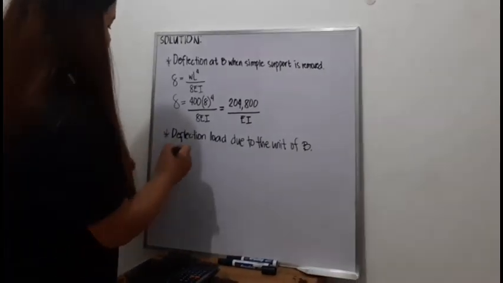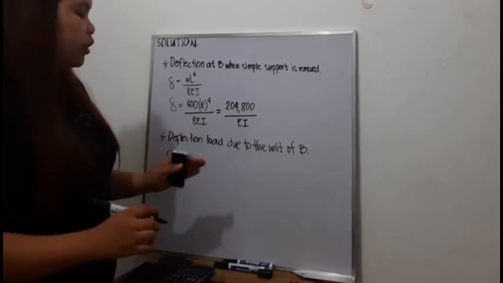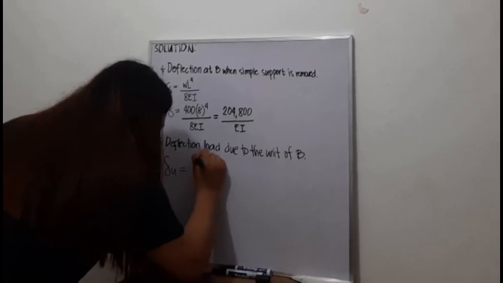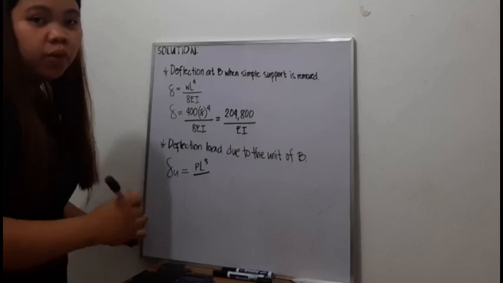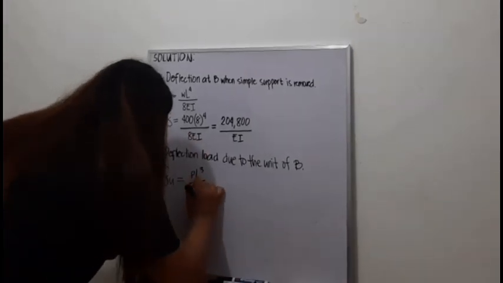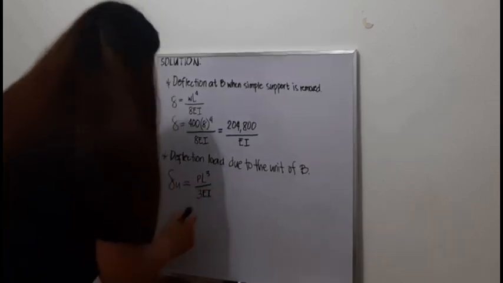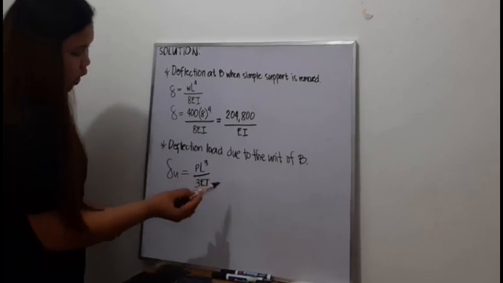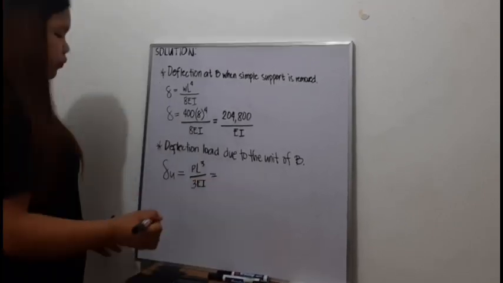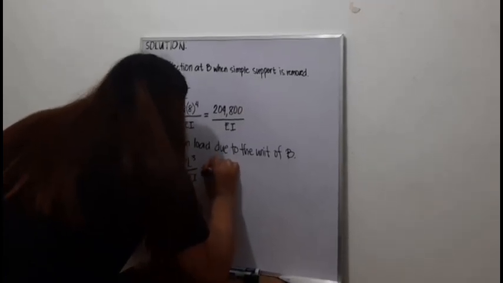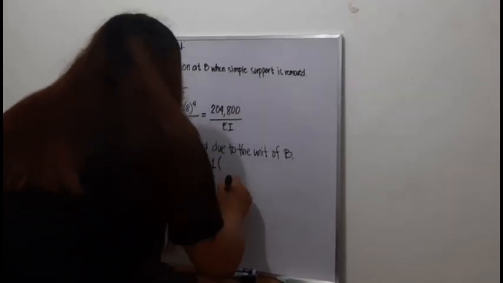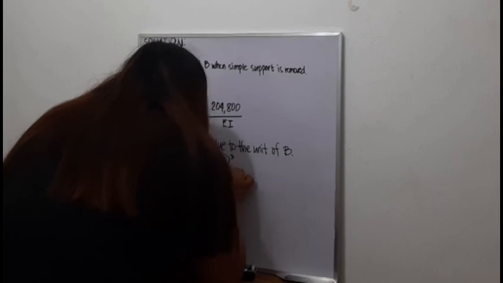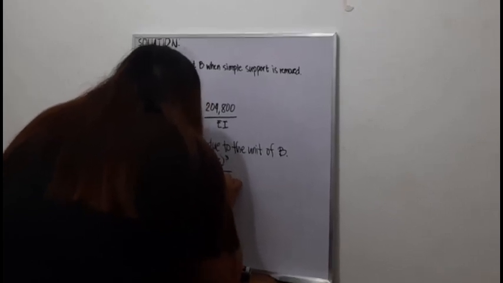So the deflection due to the unit load at B is delta U equals PL to the power of 3 over 3EI, which equals 1 times 8 to the power of 3 over 3EI.